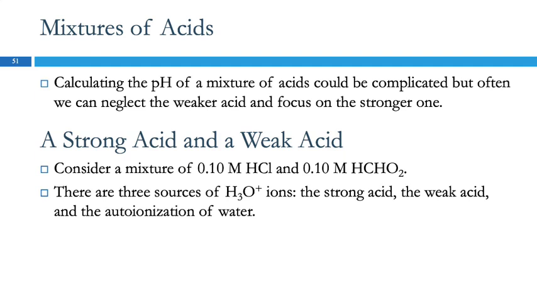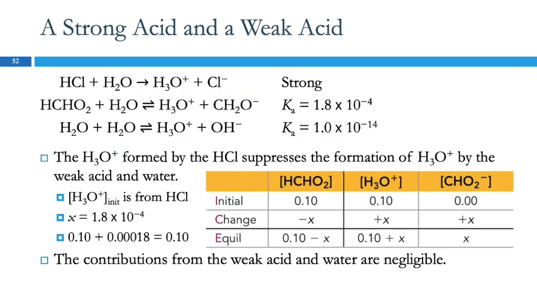They're down around 5%, right? It doesn't ionize very much. Most of the time, this does not contribute enough to make it worth talking about. And to make matters worse, the hydrogen ions from the strong acid actually reduce the formation of hydronium ion by the weak acid.